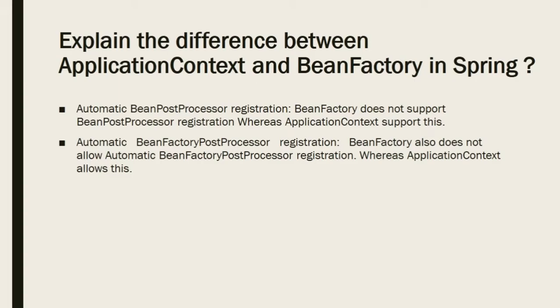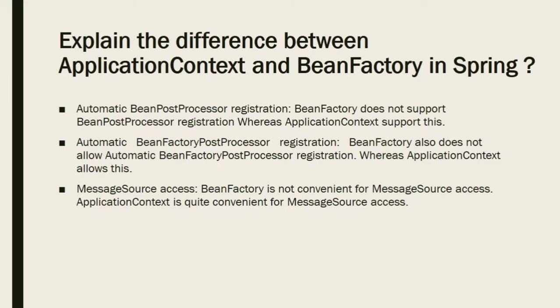Automatic BeanFactory post-processor registration. BeanFactory also does not allow automatic BeanFactory post-processor registration, whereas application context allows this. 3. Message source access. BeanFactory is not convenient for message source access. Application context is quite convenient for message source access.